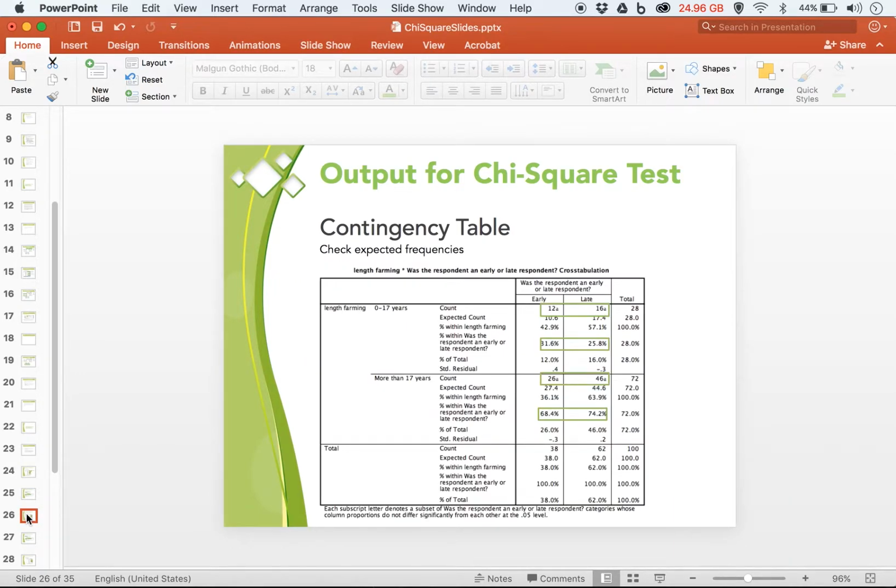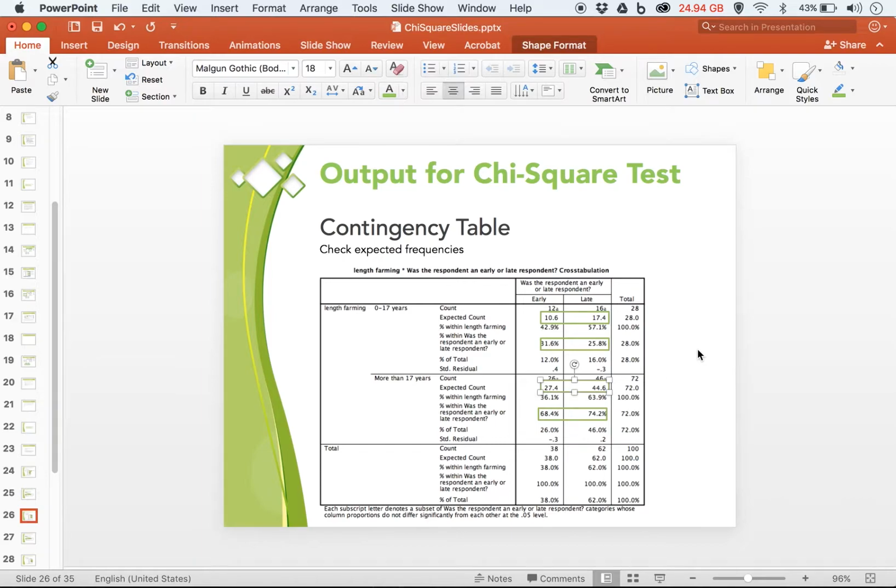We looked also at year length of farming, and we looked at it as 0 to 17 years right here. We looked at it then at more than 17 years.